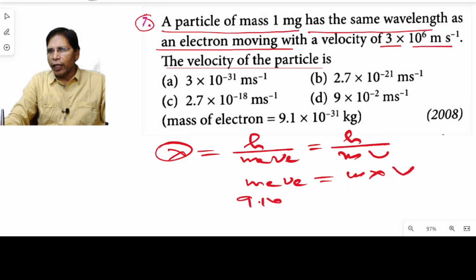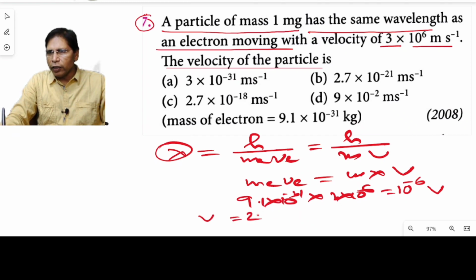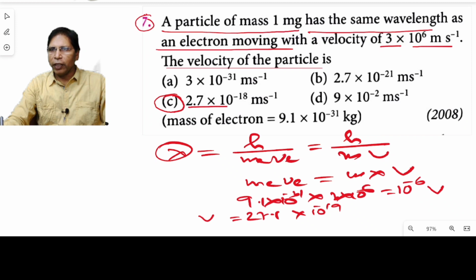Mass of electron is 9.1 into 10 to the power minus 31, v is 3 into 10 to the power 6, and mass of the particle is 10 to the power minus 6 kg into V. So V is equal to 2.7 into 10 to the power minus 8, the velocity of the particle.